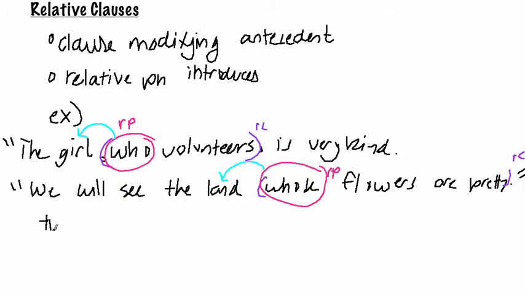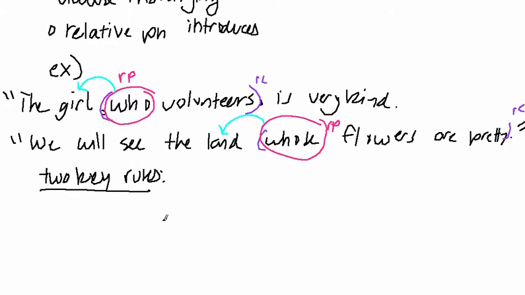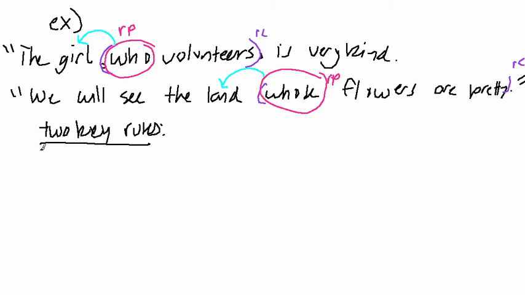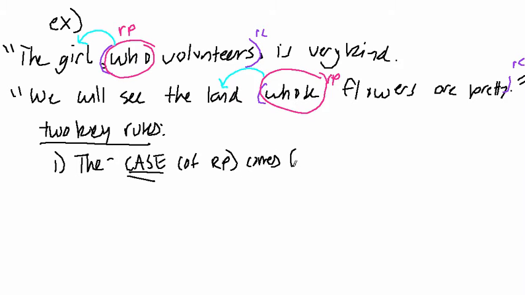Okay, so in Latin, there are just two things that you need to remember about relative clauses. So, two key rules. Let's scroll down a little. And first of all, the case of the relative pronoun, I abbreviated that, comes from the relative clause.